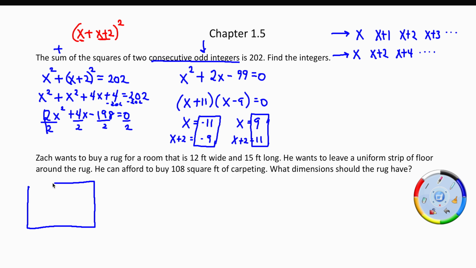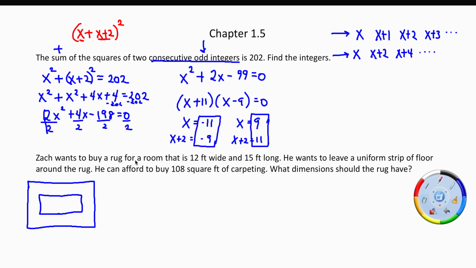So I know that I've got a rectangular room, and we're going to imagine that's a rectangle, right? Oh, that's just too bad for me to leave. So let's fix it. All right, and he wants to put a rectangular rug in the middle that leaves a uniform strip around the floor.